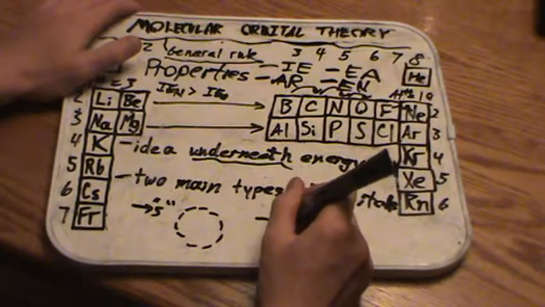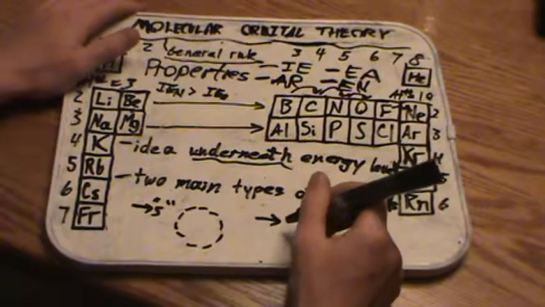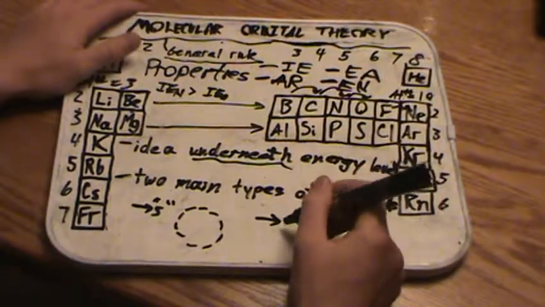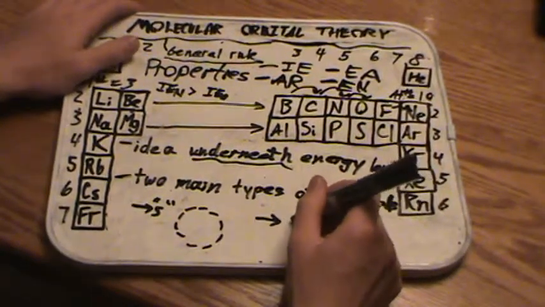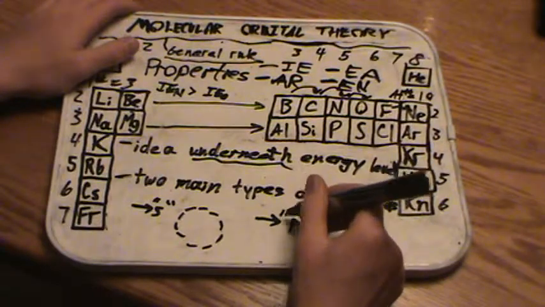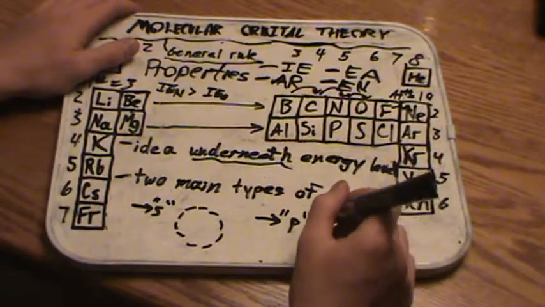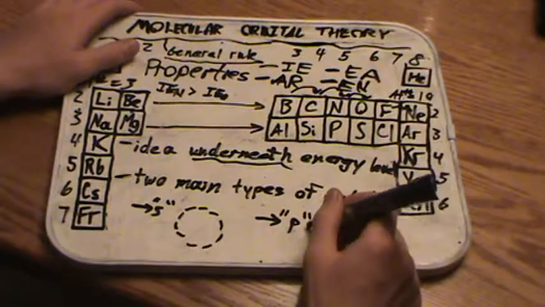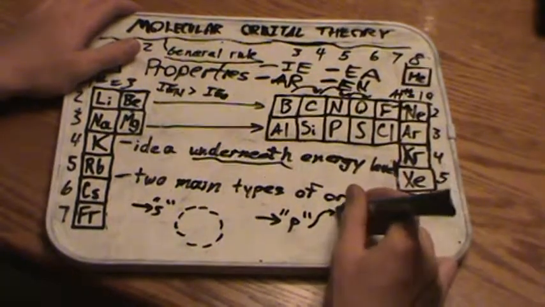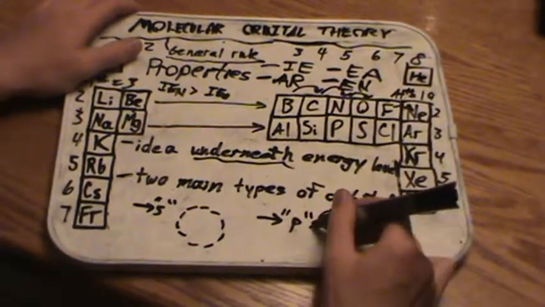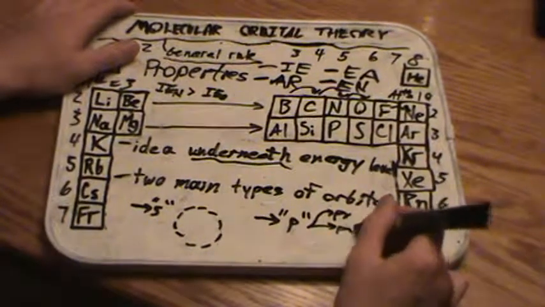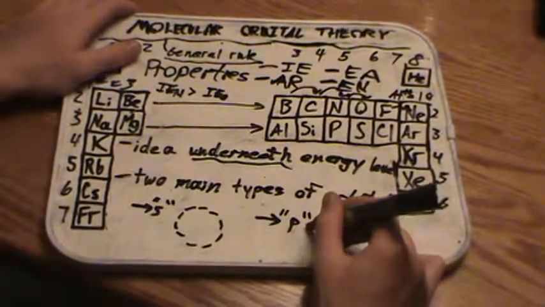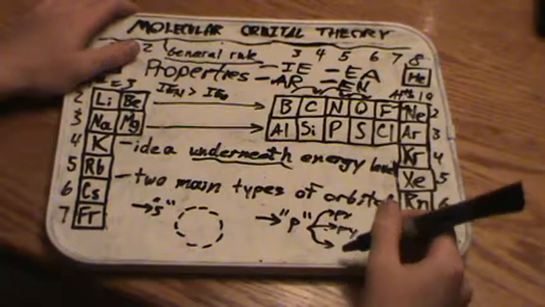So far, we have been drawing S orbitals properly when we have drawn our atomic structures. But then we move into p orbitals. And p orbitals are a little bit more tricky because there are three types of p orbitals. And it just keeps getting more complicated, I know. Stick with me. Px, py, and pz.